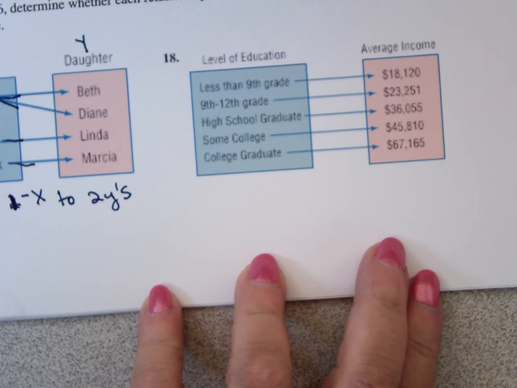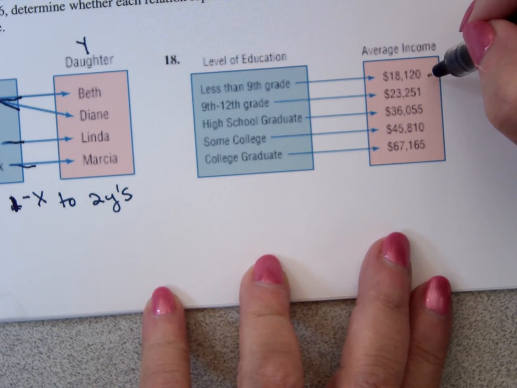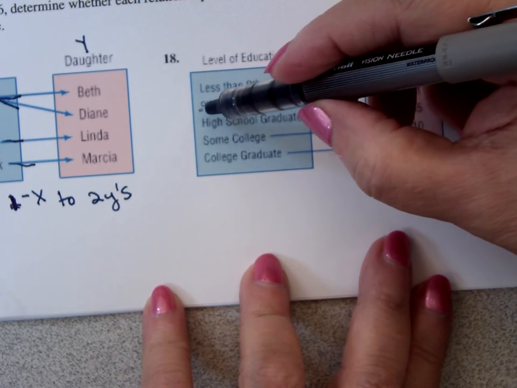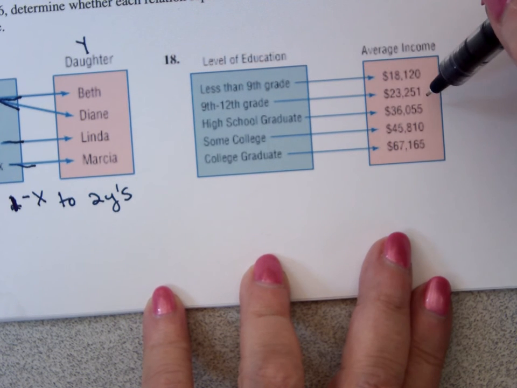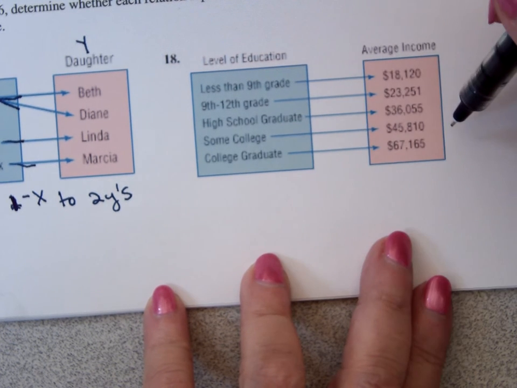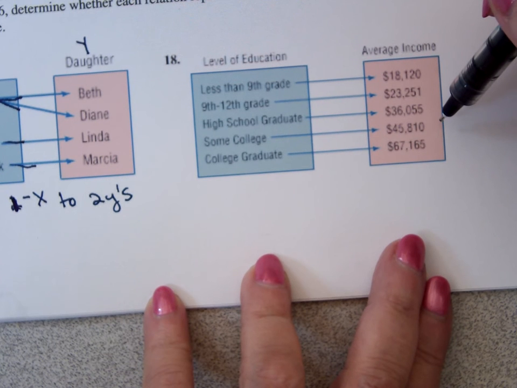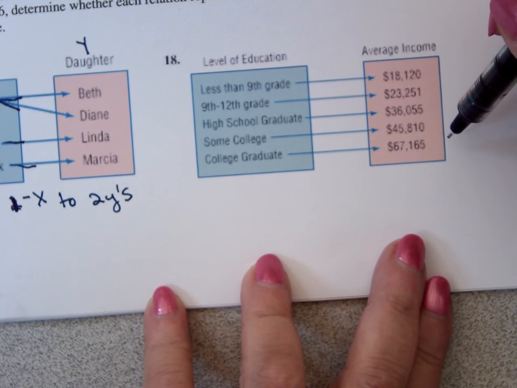Level of education, it says less than a ninth grade education, $18,120. Ninth to 12th grade, and I don't know when these numbers were done, 23,251. High school graduate, 36,055. Some college, that would be like an AA, 45,810. A college graduate, 67,165.